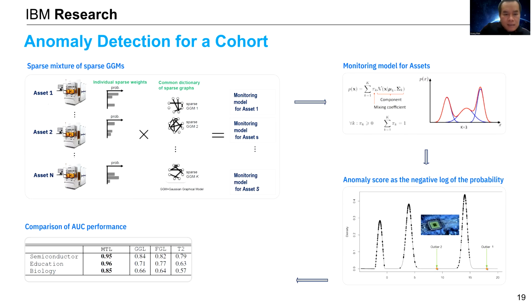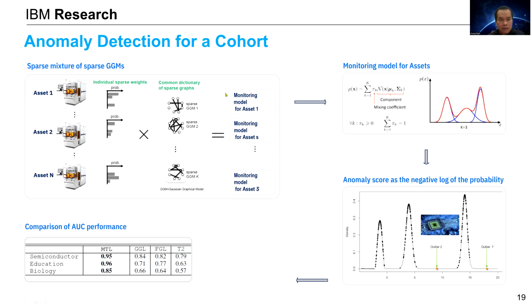Now, let's see how we can apply our methods in the abnormality detection framework. Here we have N assets, and our common dictionary is a sparsity graph. For each asset, it can take different weight vectors from the dictionary, and then we obtain the model for each asset.